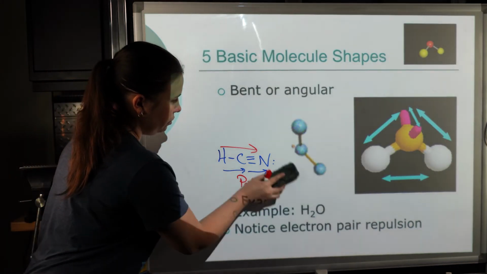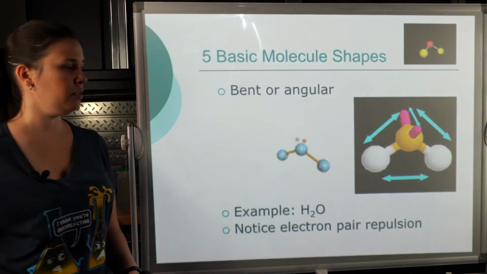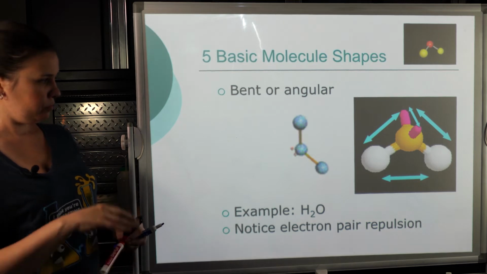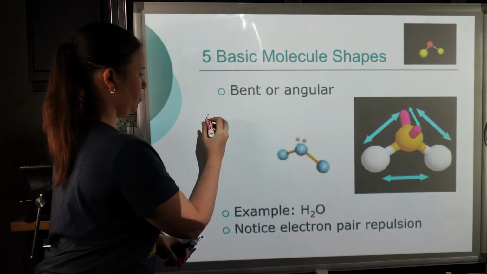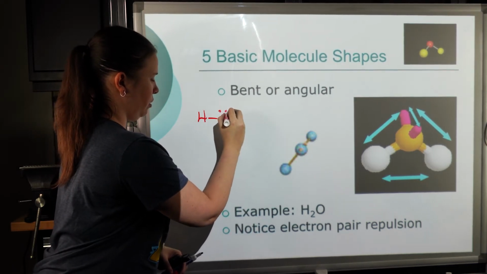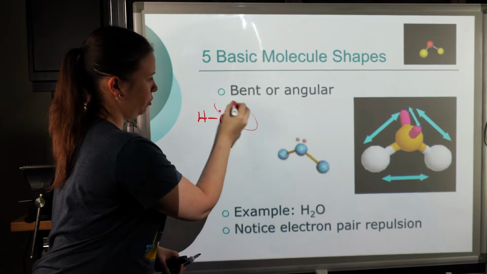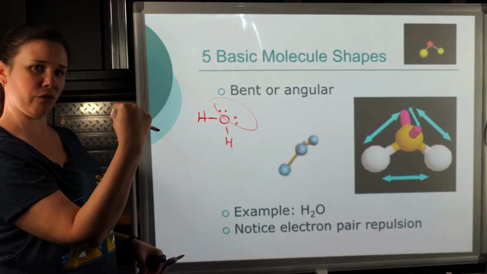All right, let's look at the other version of a central atom attached to two things. If I have lone pairs on the central atom, then it will bend. So water was an example we've looked at. It is these lone pairs on the water that will cause the hydrogens to kind of close up.